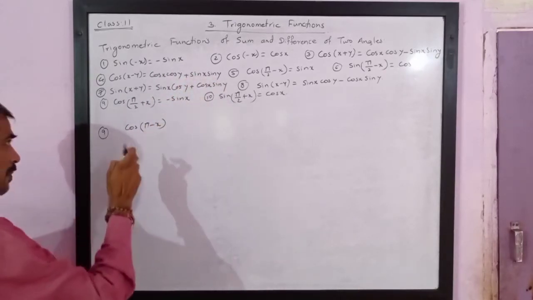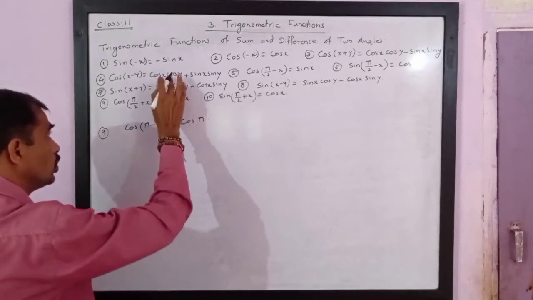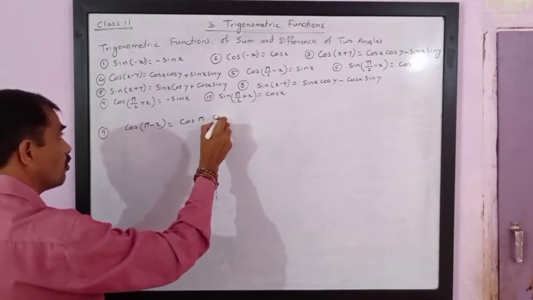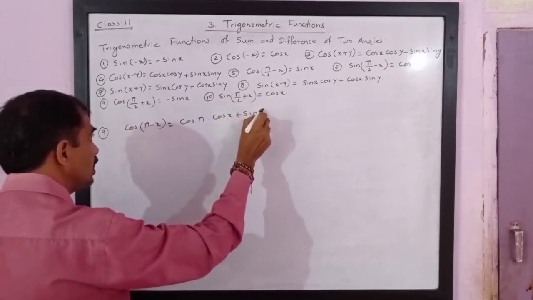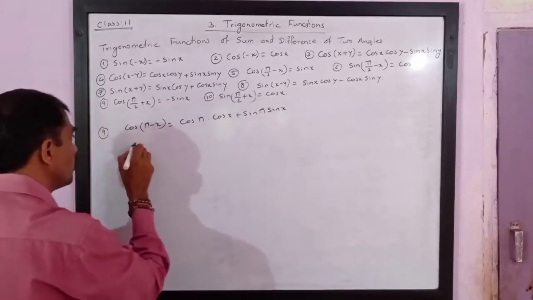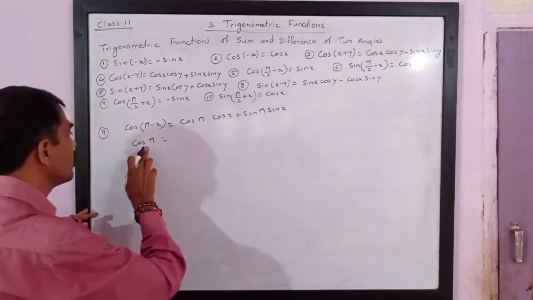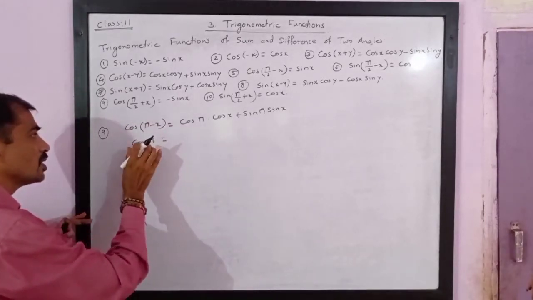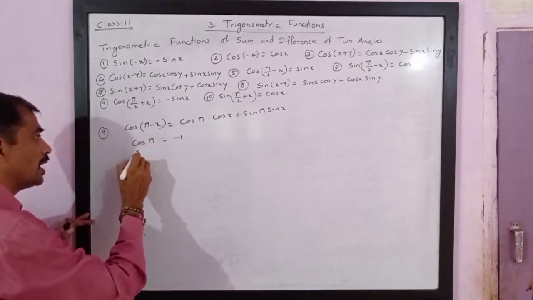It means cos of pi minus x is equal to cos of pi into cos of x plus sin pi into sin x. So we have cos 0 is 1, cos pi is negative 1 and sin pi is equal to 0.